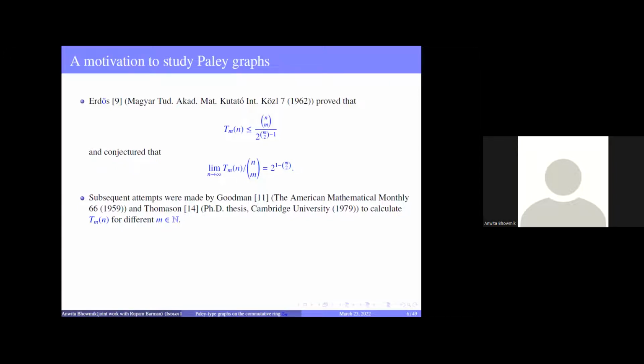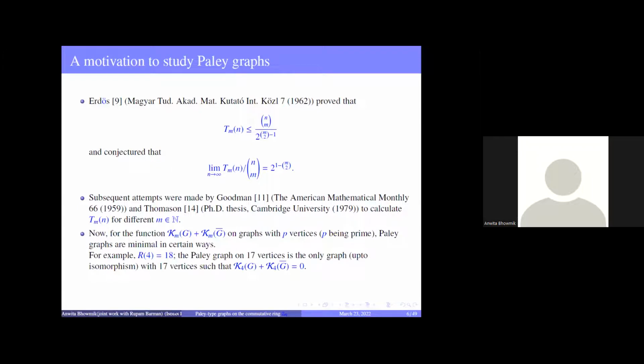Okay. So here we see that for this expression Km of G plus Km of G bar, Paley graphs are minimal in certain ways. Since Paley graphs are self-complementary, it is enough to just study Km of G. And we note that the Ramsey number R4 is 18.